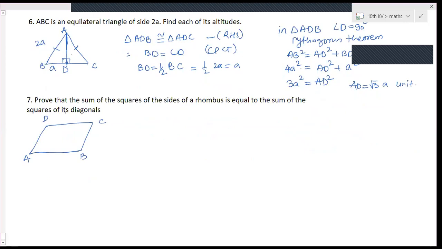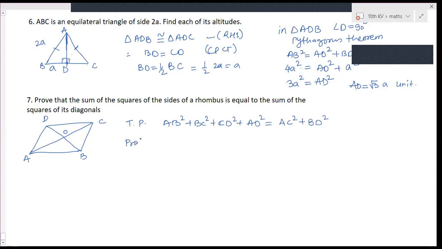A, B, C, D. We know the rhombus property: diagonals of a rhombus bisect each other at 90 degrees. AB square plus BC square plus CD square plus AD square, the sum of squares of all the sides, is equal to the sum of squares of the diagonals, AC square plus BD square, we have to prove.